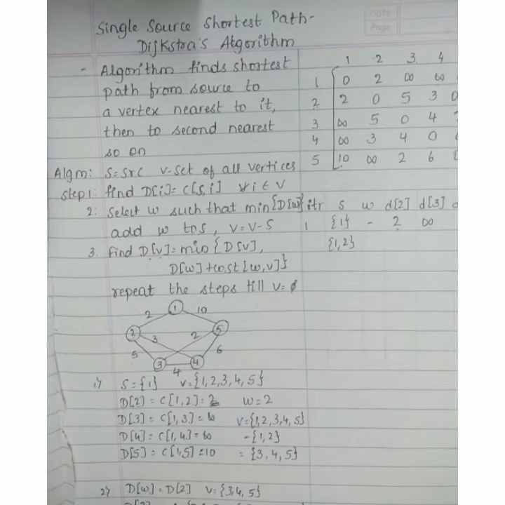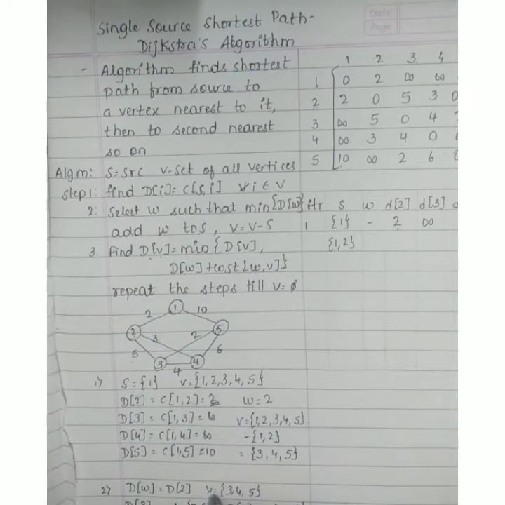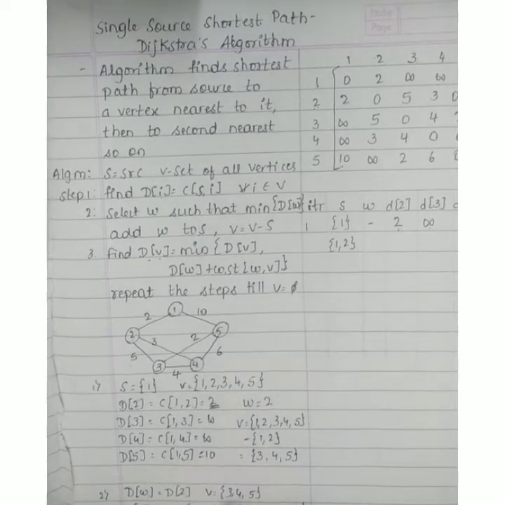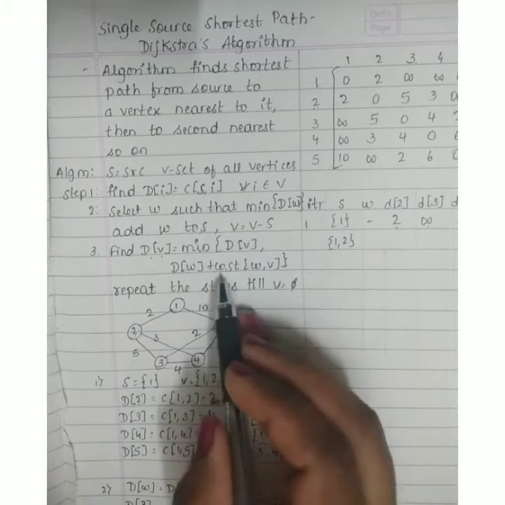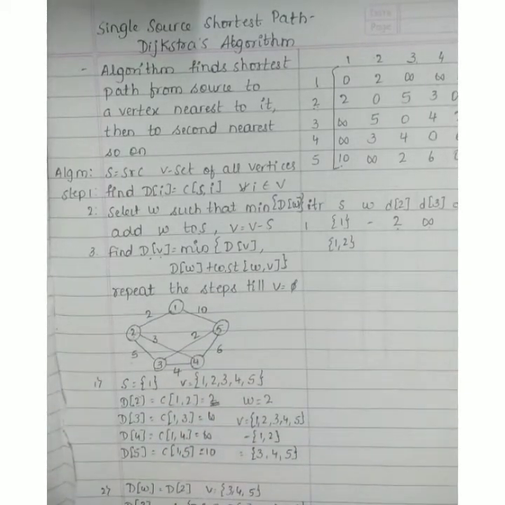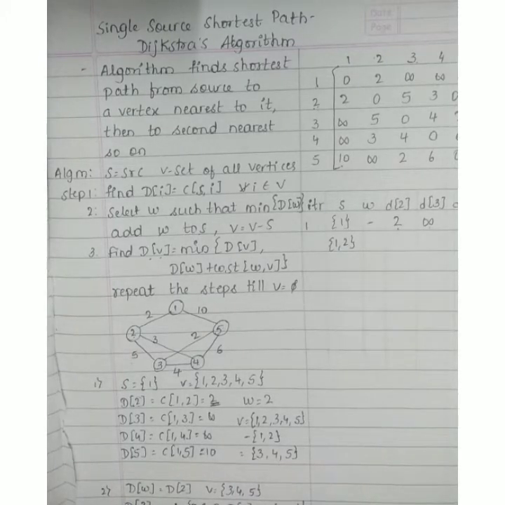Next, D of 4. So V is 3, 4, 5, so we'll be finding D of 3, D of 4 and D of 5. So this is minimum of D of 4, comma, dW plus cost of W to V. So dW is 2 plus cost of 2 to 4.